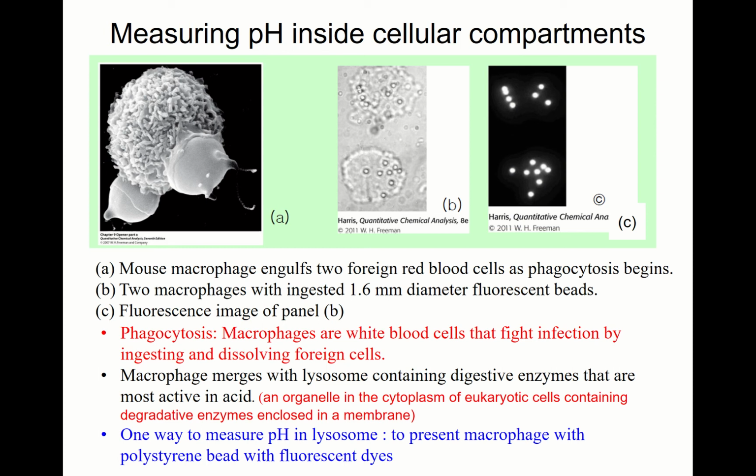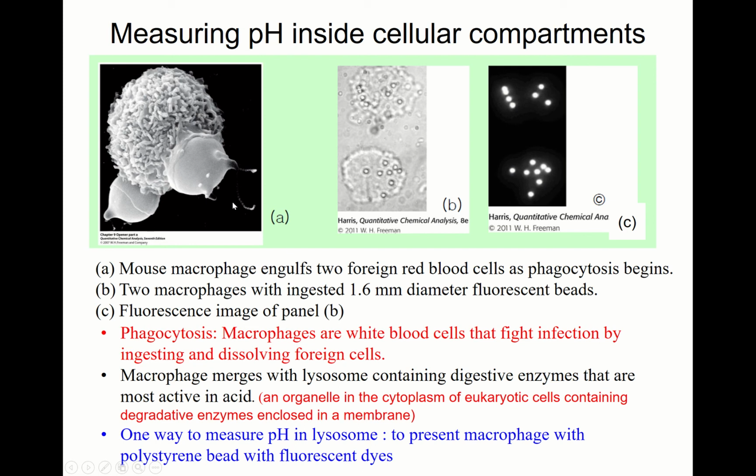Of course, there are different types of pH sensors, but they are all much bigger than the size of a cell. But the question is, how do you measure the pH inside these cellular compartments? Sometimes we need to know the pH inside the cell.